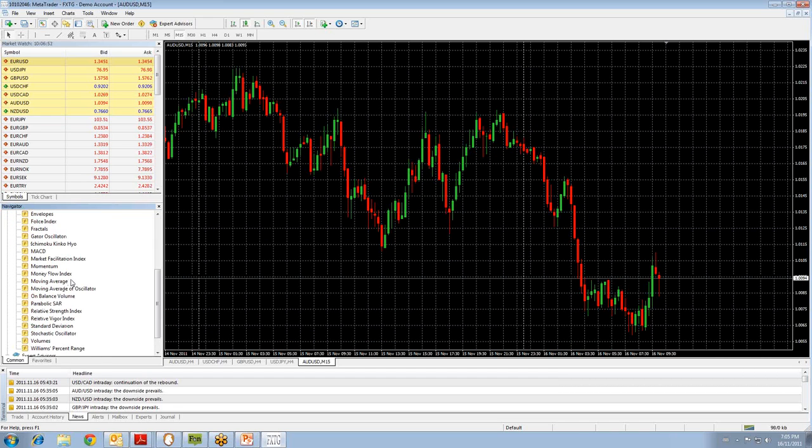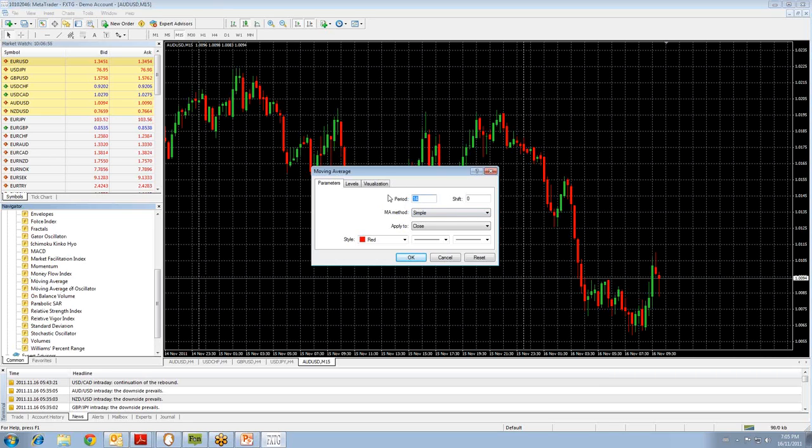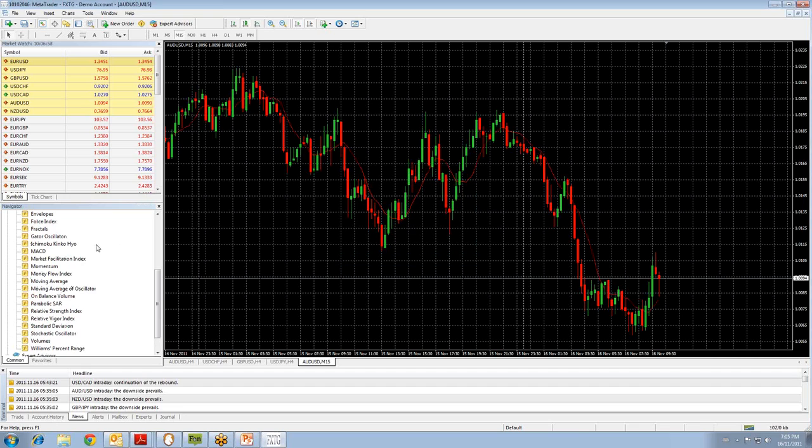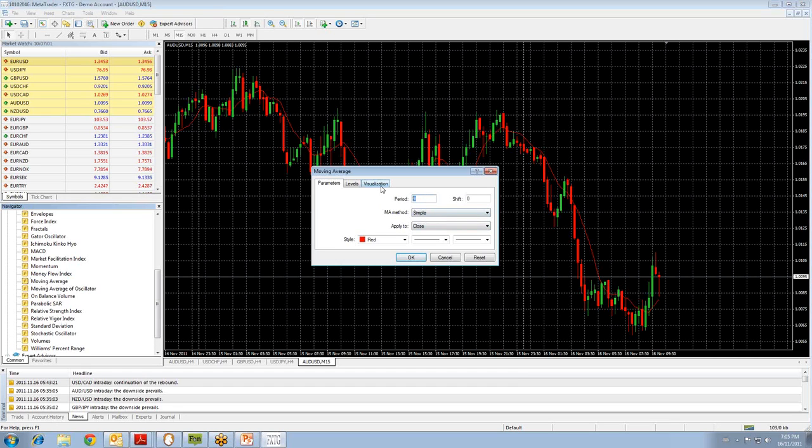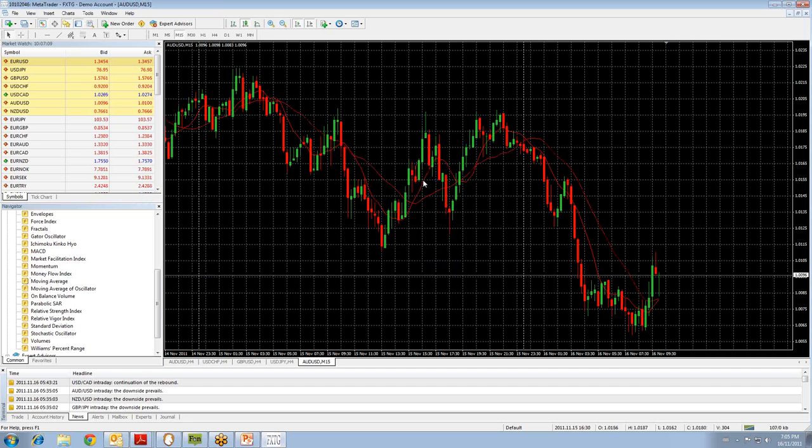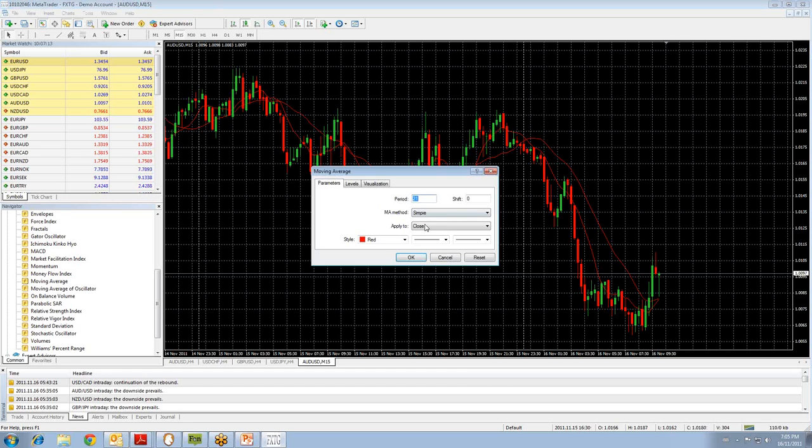Okay, so moving averages. I'll grab a moving average and put this one as 9. Then I'll get another moving average and put this one as 21. Simple. We'll do it on the close. Now I'll change the color.